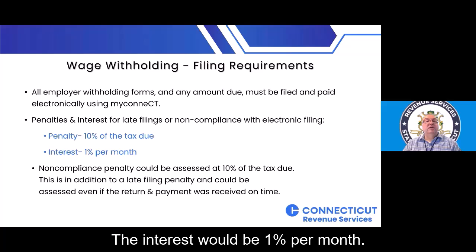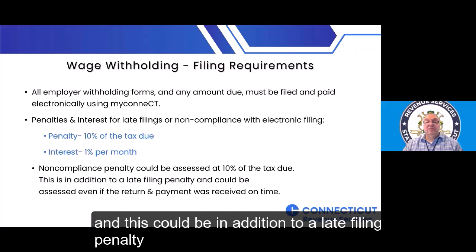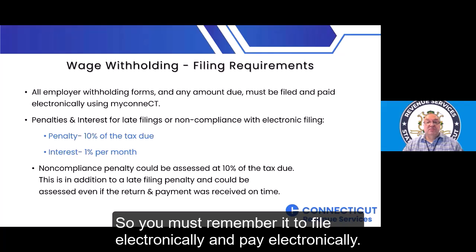The interest would be 1% per month. The non-compliance penalty could be assessed at 10% of the tax due, in addition to a late filing penalty, and could be assessed even if the return and payment was received on time. So you must remember to file electronically and pay electronically.